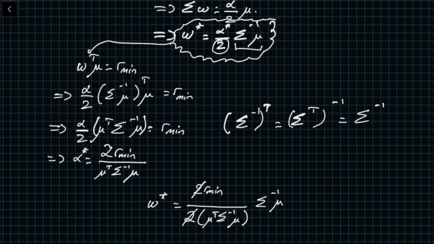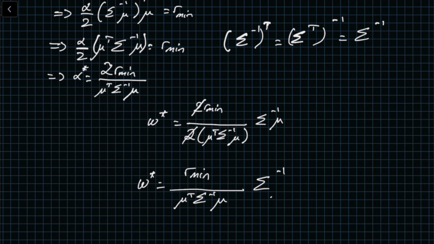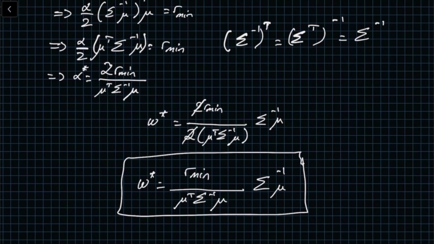The 2 and the 2 cancel, and finally we get that the optimal weight vector is R min, the minimum accepted return, over mu transpose sigma inverse mu multiplied by sigma inverse mu. That is what Markowitz tells us to do.